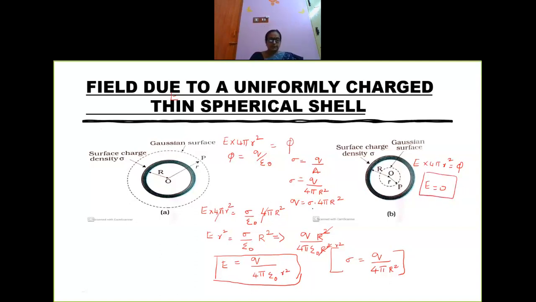This also talks about a very important concept, that inside a uniformly charged shell, the electric field is 0 because the charges do not exist inside. So we consider the electric field to be 0 in a uniformly charged shell where the Gaussian surface is inside. If you calculate the flux, the electric field is going to be 0 because the flux is 0. So this is about today's class.